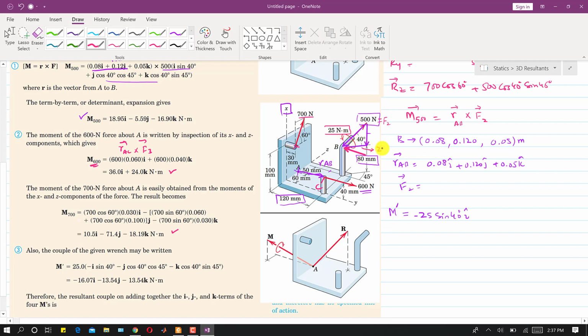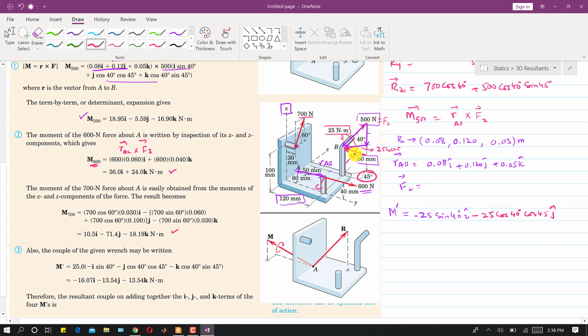And this is making 45 degrees, so the component parallel to the y-axis will be 25 cos of 40 cos of 45. So we can write that this one will be minus 25 cos of 40 cos of 45, along j.